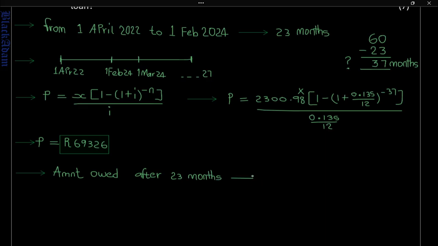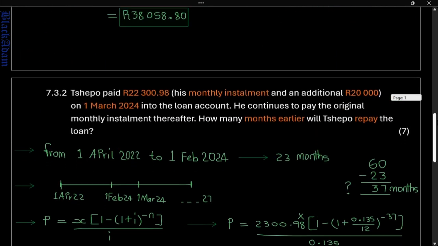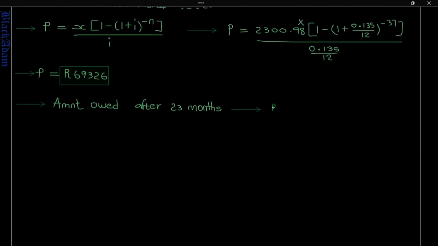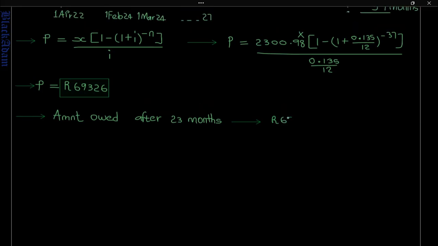So that's 69,326.00, and then minus the amount paid, the hard cash paid, which is 22,308.98.